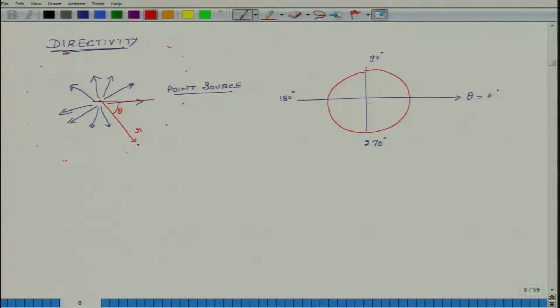Then what I will find is that it is just a regular circle whose center lies at the origin.